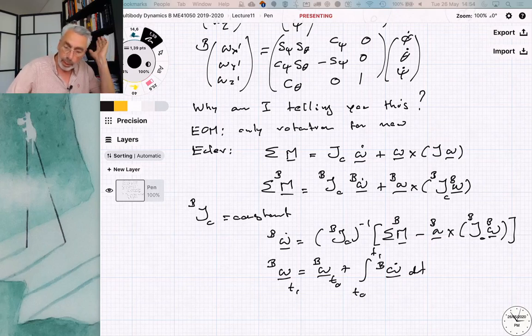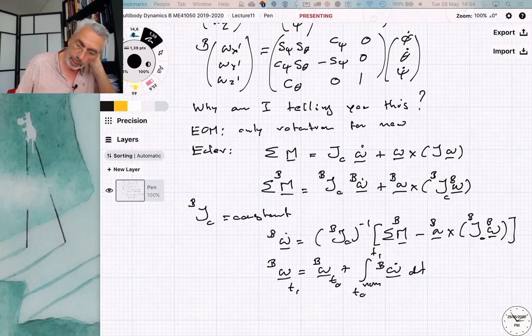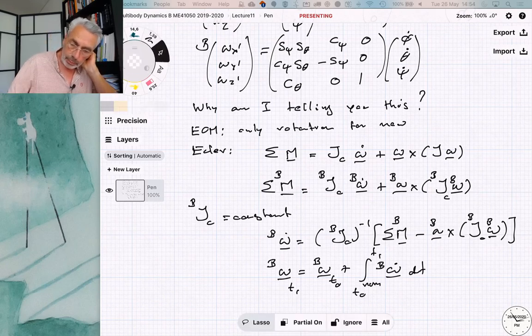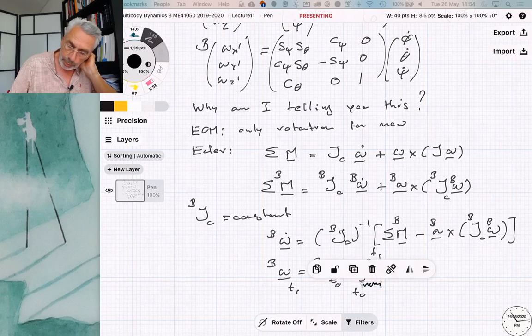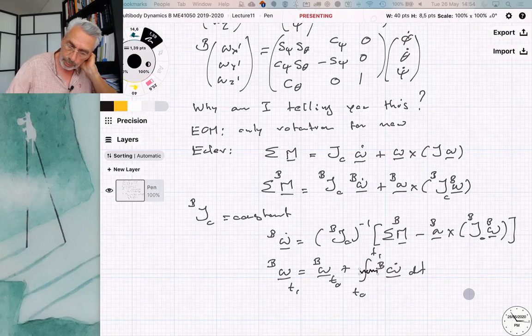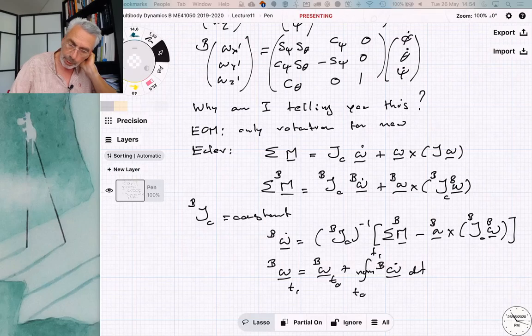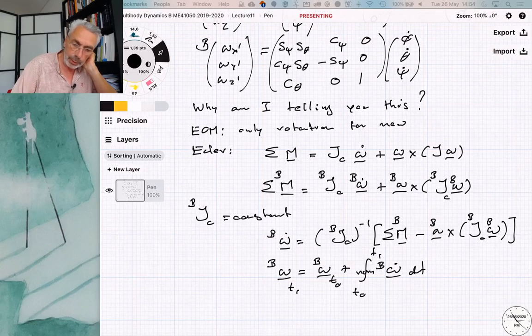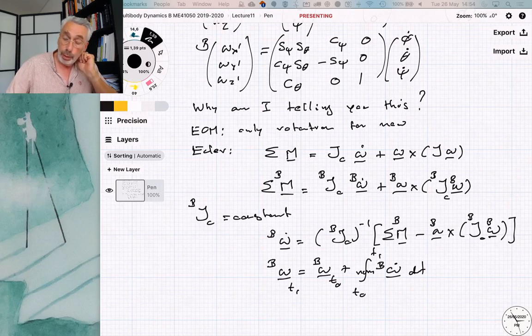And we usually do this numerically. It's a numerical integration we do, because usually we cannot do it analytically. Okay, so that's how we update our angular velocity.